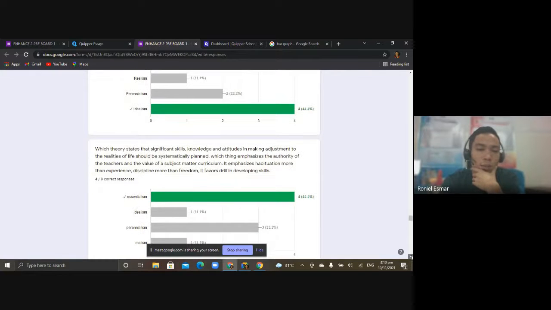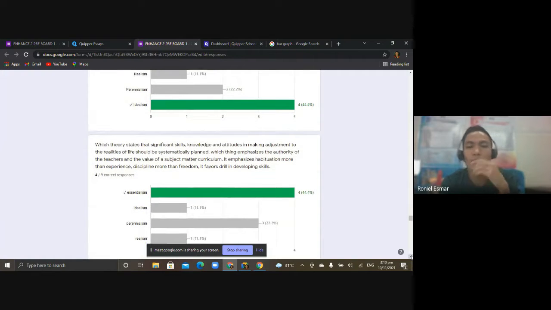Next is which theory states that significant skills, knowledge, and attitudes in making adjustment to the realities of life should be systematically planned, which emphasizes the authority of the teachers and the value of a subject matter curriculum. It emphasizes habituation more than experience, discipline more than freedom, and favors a drill in developing skills.